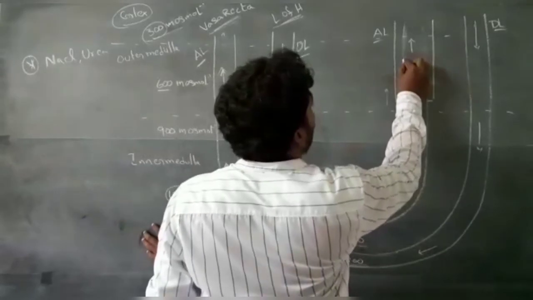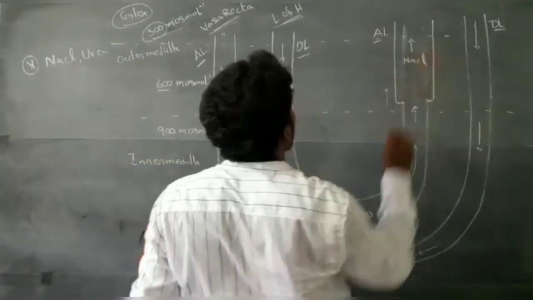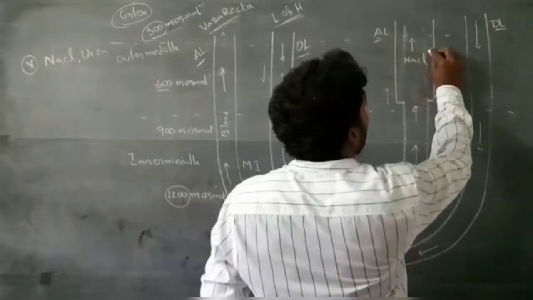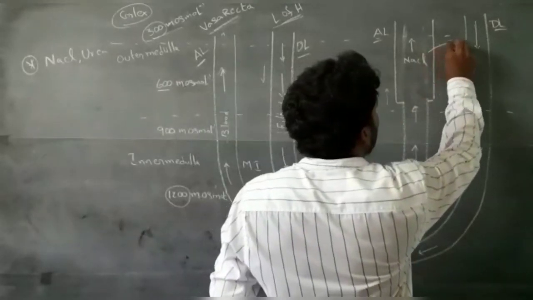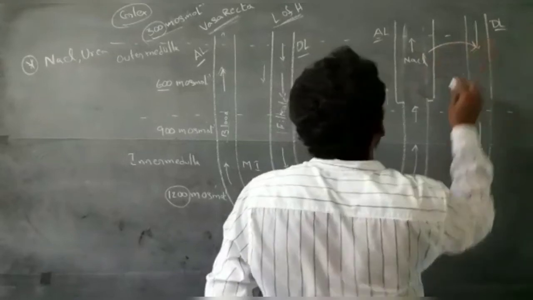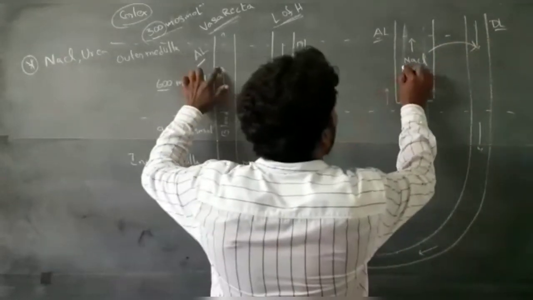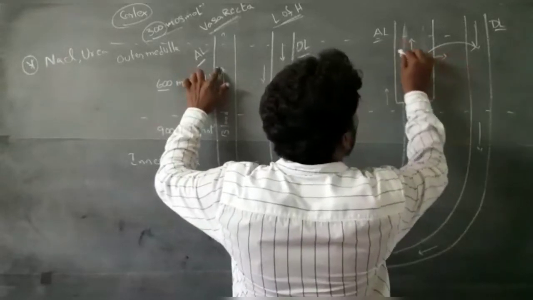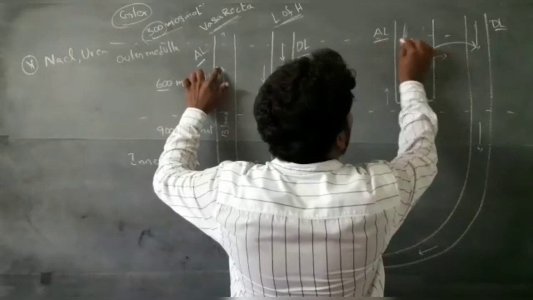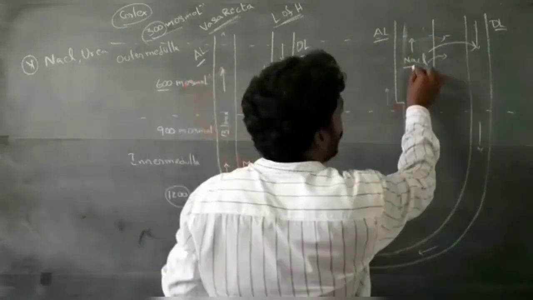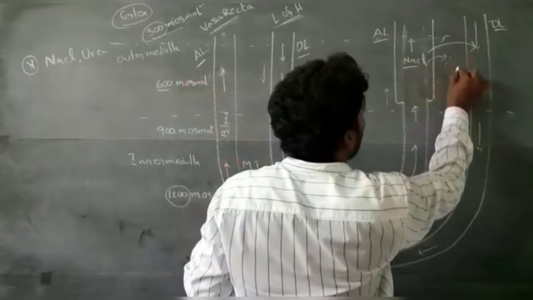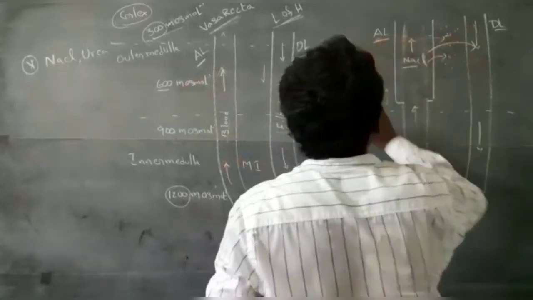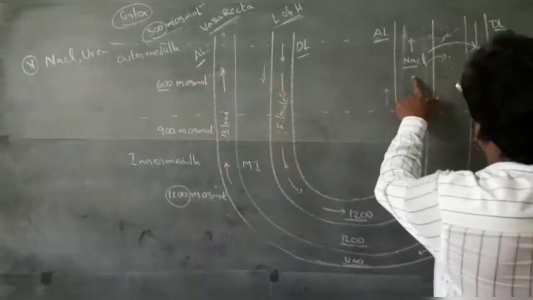Sodium chloride. Sodium chloride enters into the medullary interstitium in the region of the ascending limb of the loop of Henle.